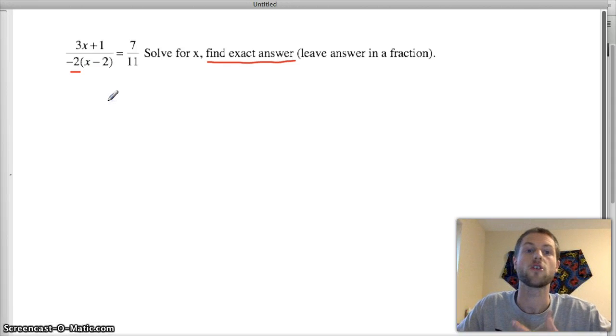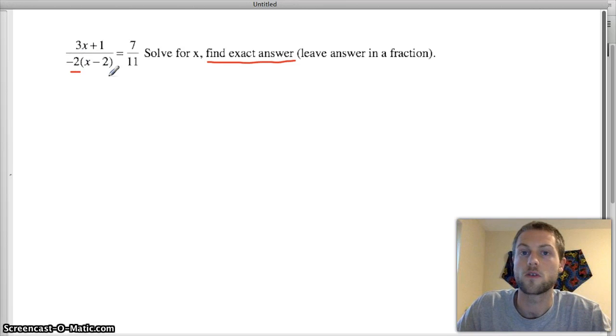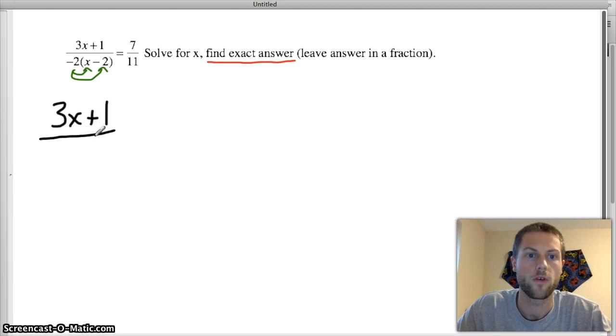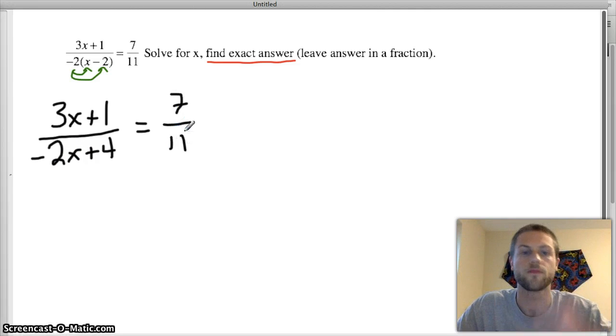So before I do anything, I should distribute that negative 2 out to clean this up a little bit. I'm going to hit both terms with that negative 2, and rewrite my fraction like so: 3x plus 1 over negative 2x, and the negative times the negative gives me a positive 4. That equals 7 over 11.